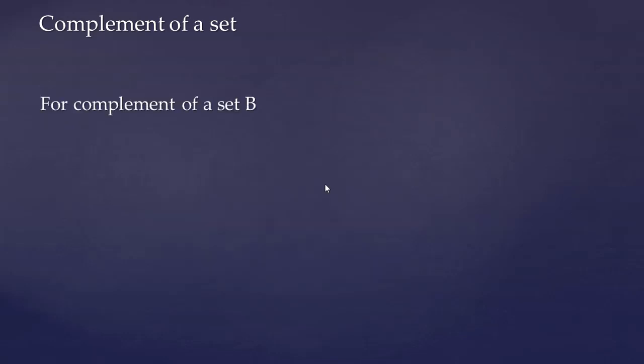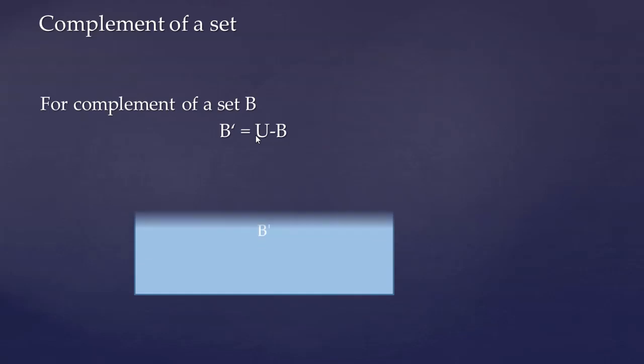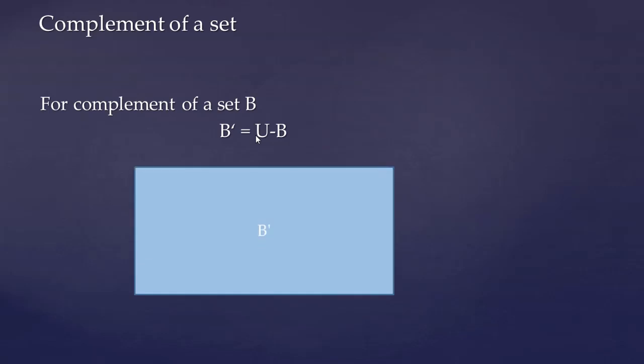For the complement of a set B, we have the formula B complement is equal to U minus B. Here U is for the universal set and B is a subset of U, and we can show it by a Venn diagram.